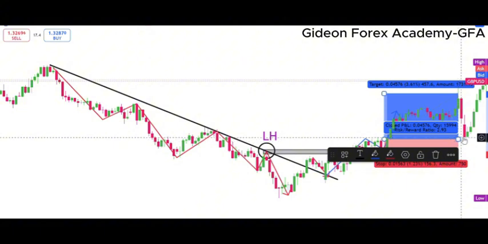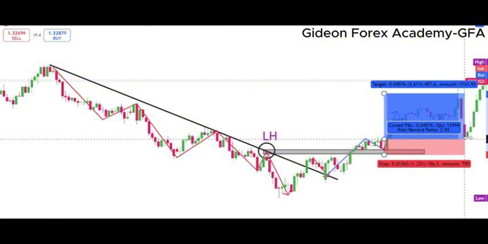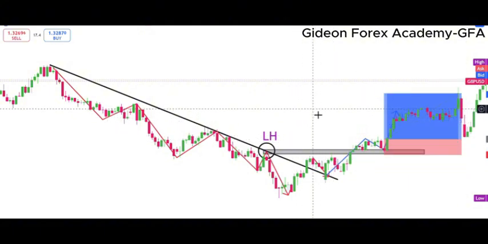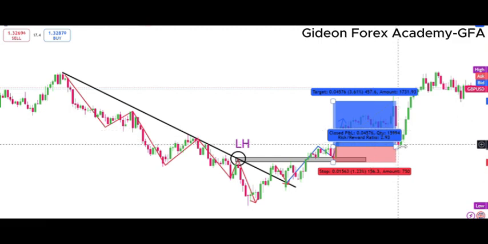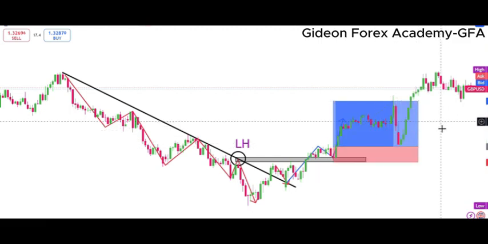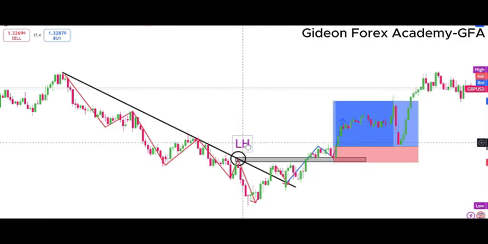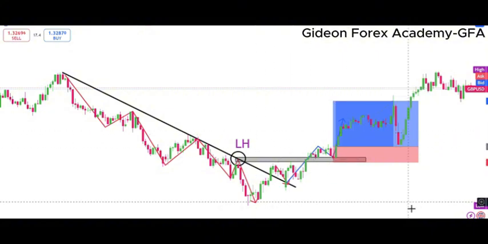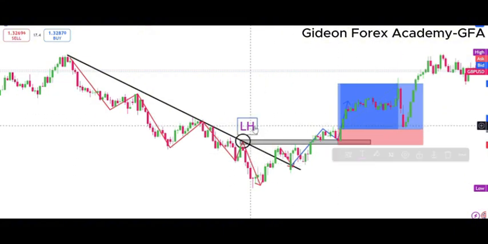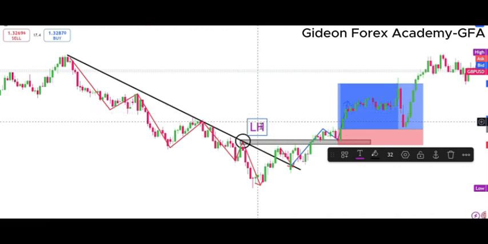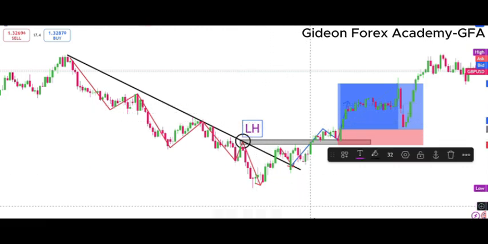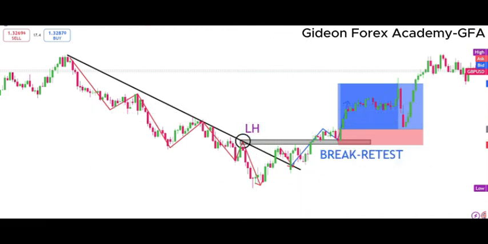Okay, guys, so this is the way you would trade this more profitably. Always wait for the lower high to be taken out in a downtrend market, and you are anticipating to trade the break and retest. Okay, this would be a break and retest around this area.